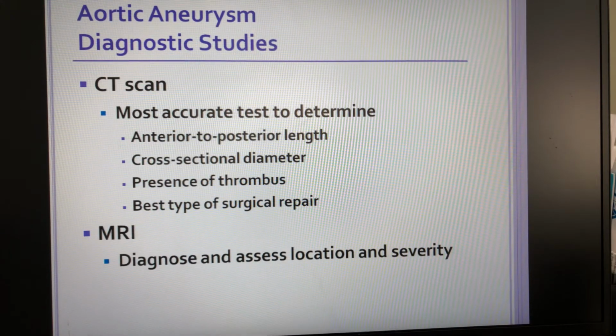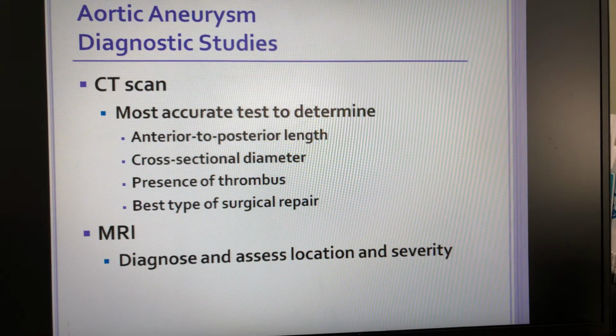The CT scan they can do is the most accurate test to determine anterior to posterior length, cross-sectional diameter, the presence of thrombi, and the best type of surgical repair for the aneurysm. And you also can do an MRI as well, and that is utilized to diagnose and assess the location and severity of the aneurysm.